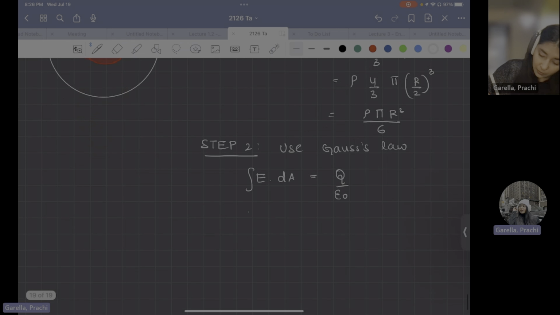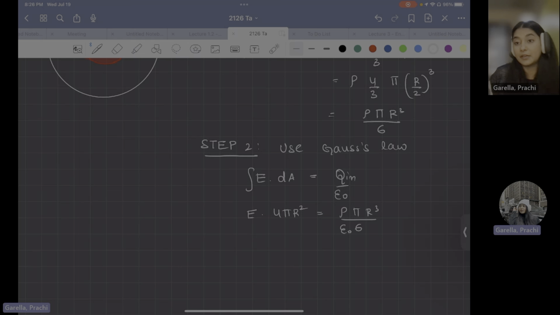Okay, and what is the surface area? The surface area of a sphere is 4 pi r squared, and this Q is the Q in. So now we substitute the value of Q in, which is rho pi r cubed over 6.